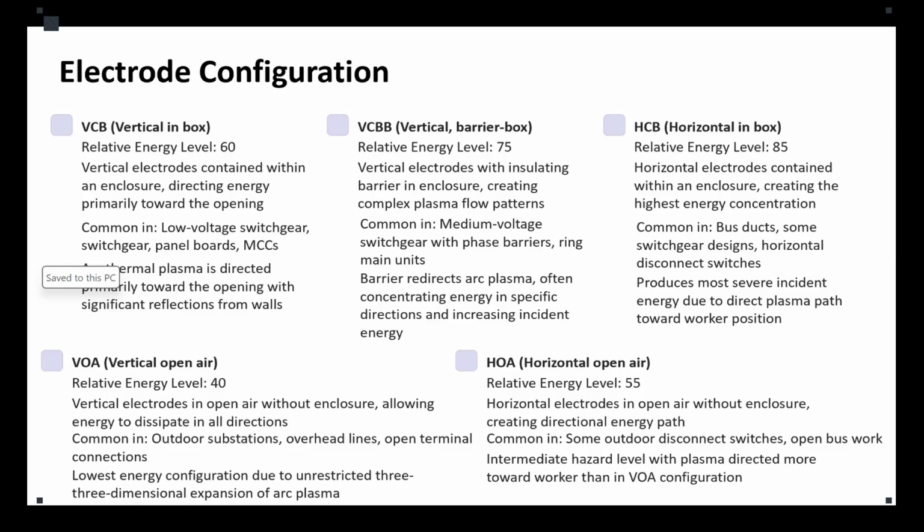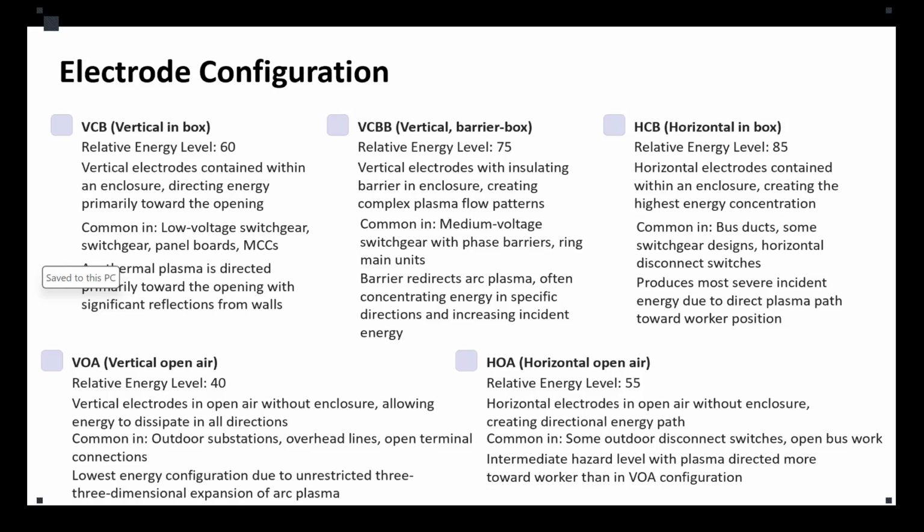Compared to the VOA, the vertical open air configuration, this configuration directs more plasma and thermal radiation, often toward the workers. Okay, this happens in outdoor bus bars or horizontal open disconnect switches. Still lower energy than in closed systems, but a more directional hazard than vertical open air.